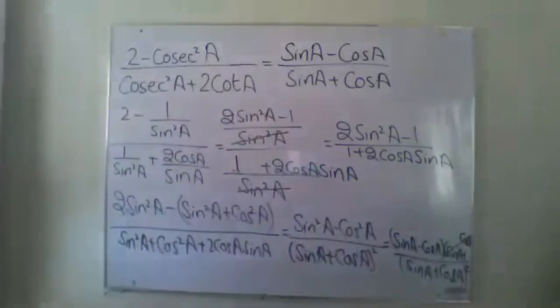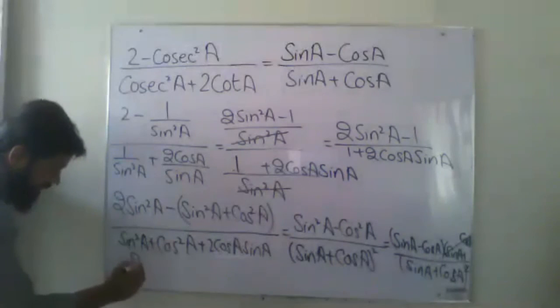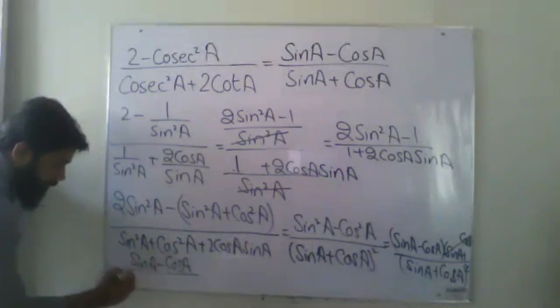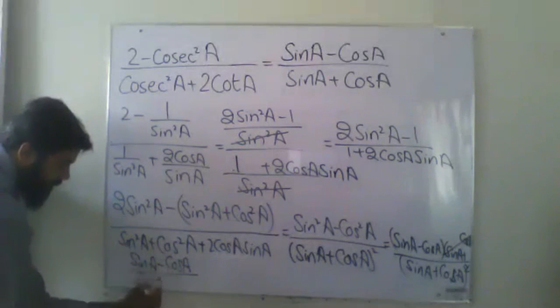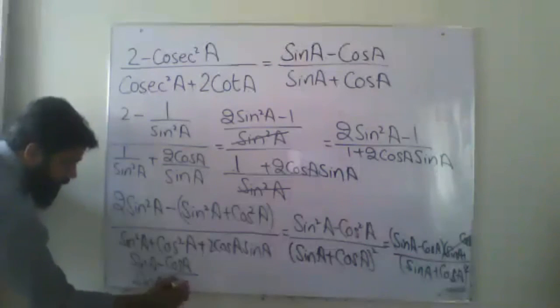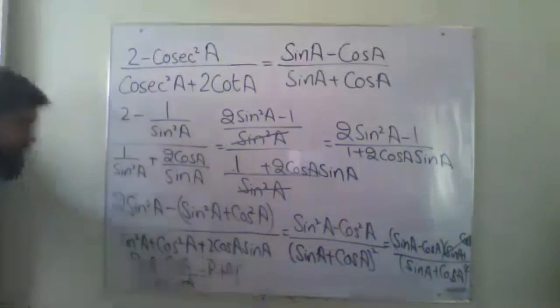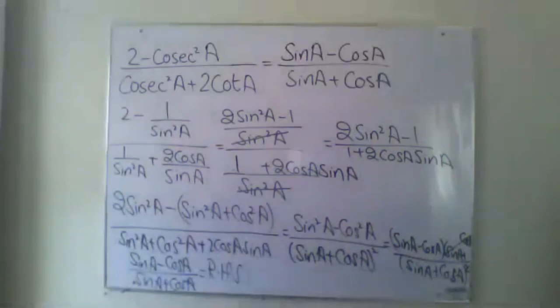So my final answer will be sine A minus cos A over sine A plus cos A, which equals the right hand side, and this is how you complete this question.